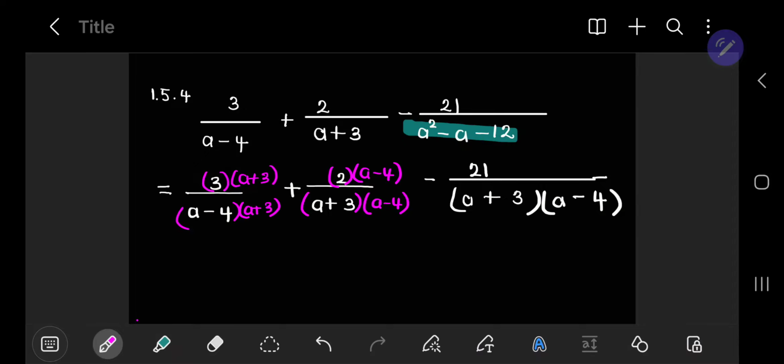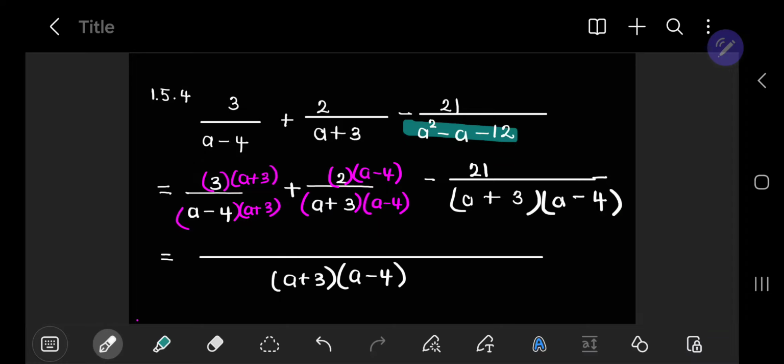Okay, so let's see what we now have. Seeing that all of our denominators are now the same, we can write this as one fraction over the same denominator, where the denominator is a plus 3 times a minus 4. It's actually fine if you had it the other way. If you said a minus 4 times a plus 3, that's fine as well.